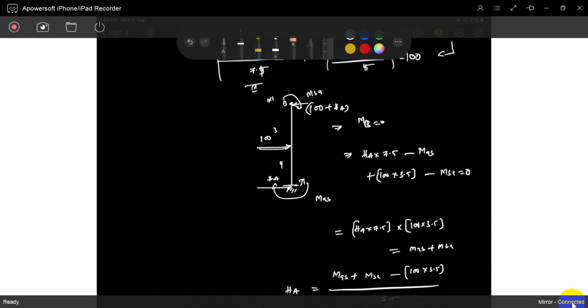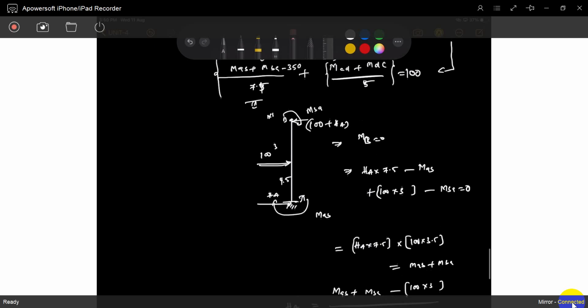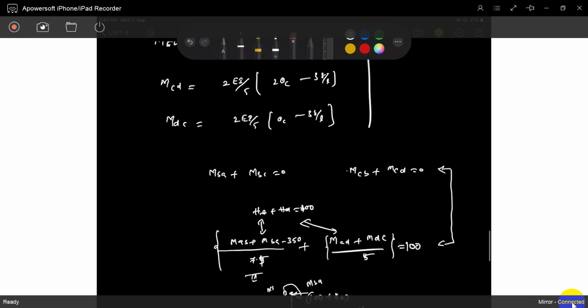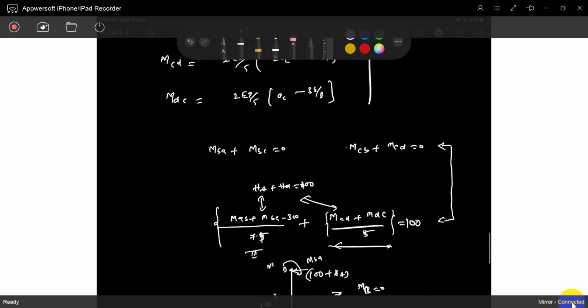So this is 3, okay. So you can take it as 300. So for this column, there is no horizontal loading. You will get it like this, no problem at all.